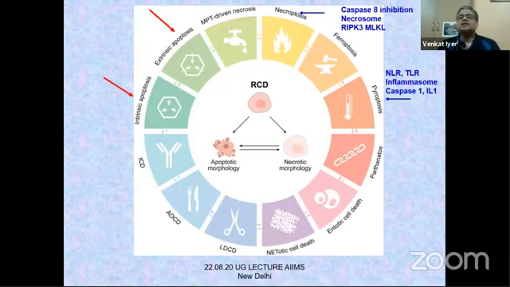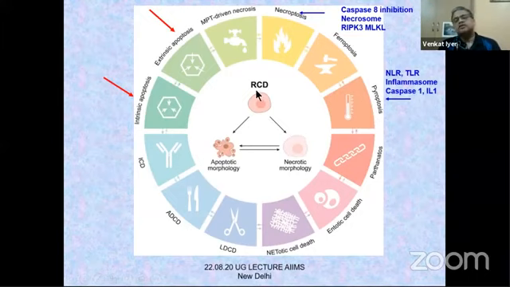Whereas necroptosis is because of formation of a necrosome mediated by RIPK3 and MLKL. And this happens when there is caspase 8 inhibition. Apoptosis, or especially extrinsic apoptosis, is because of caspase 8 activation. Necrosome is because of caspase 8 inhibition and an alternate pathway of cell death.